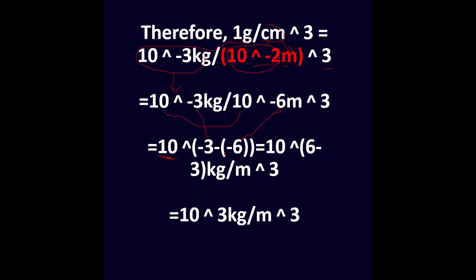You subtract, and because the 6 is affected by another negative, we have 10 power 6 minus 3 kilograms per cubic meter, and when you evaluate that further, it gives you 10 power 3 kilograms per cubic meter.